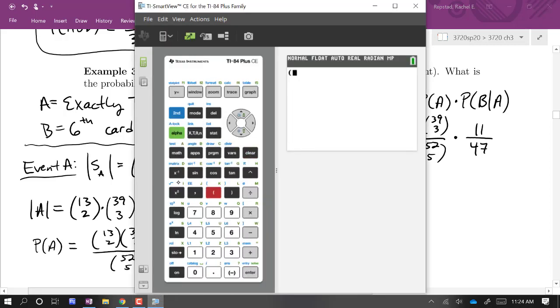So 13 choose 2 times 39 choose 3 divided by 52 choose 5.